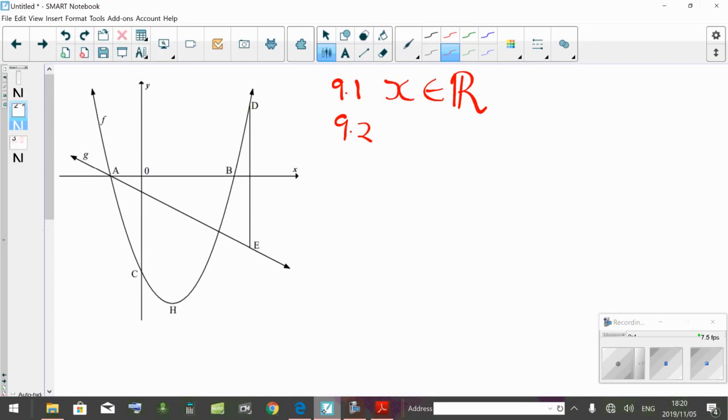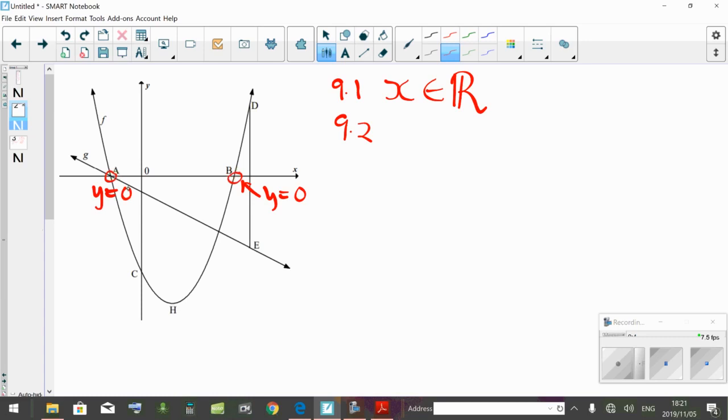Length of AB. Very nice question, in that you can see that A and B are on the x-axis. The implication of that is that y is equal to 0 at both points.